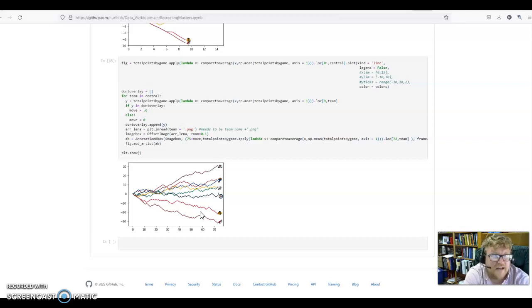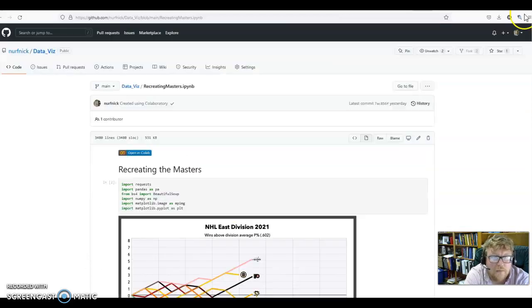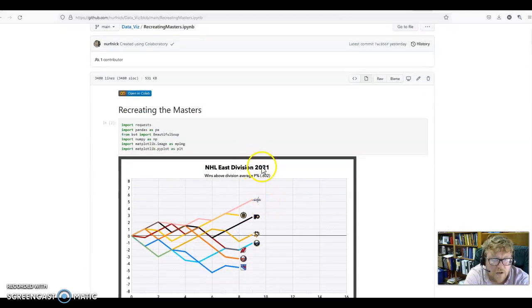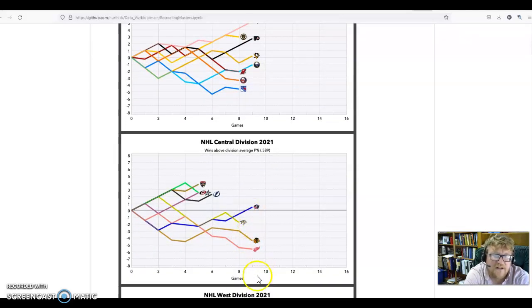All right, the one thing I'll say is that my data set was for last year. So this was 2021, and I went ahead and just did this year's data. I couldn't figure out where they cut this off. It's not even mid-season. This is really early in the season. They play 82 games, and this is at like 9 games.